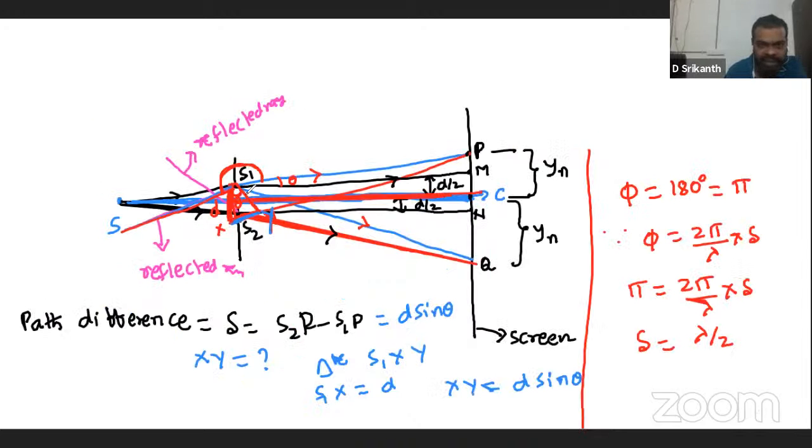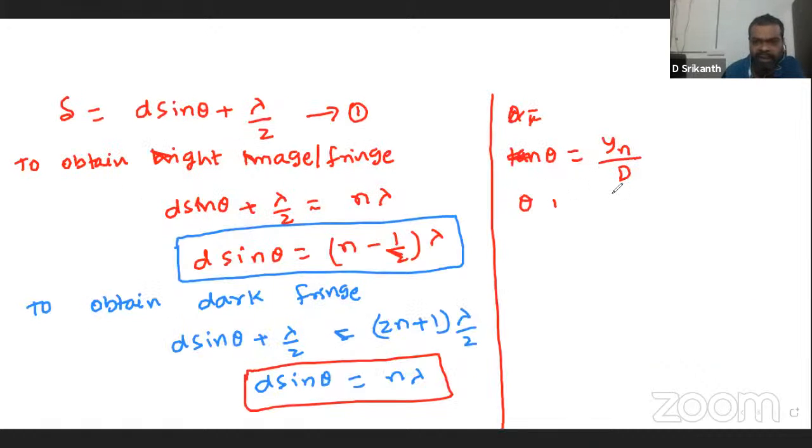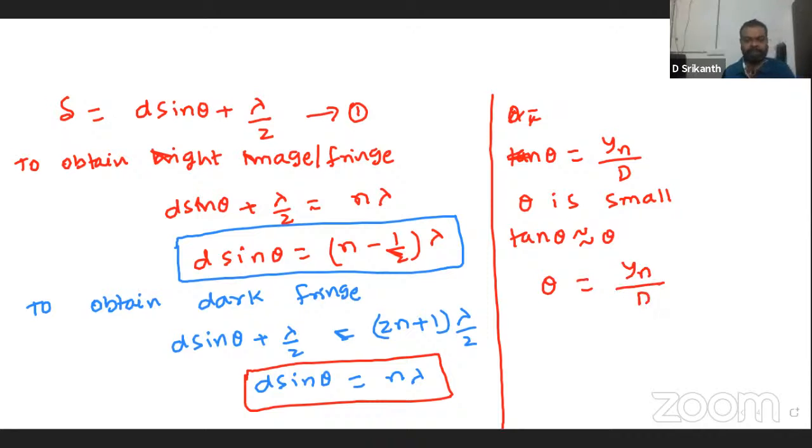This is the yn and here it is D. So when theta is small, tan theta is approximately equal to theta. So theta equals yn by capital D. That is the diffraction at a single slit.